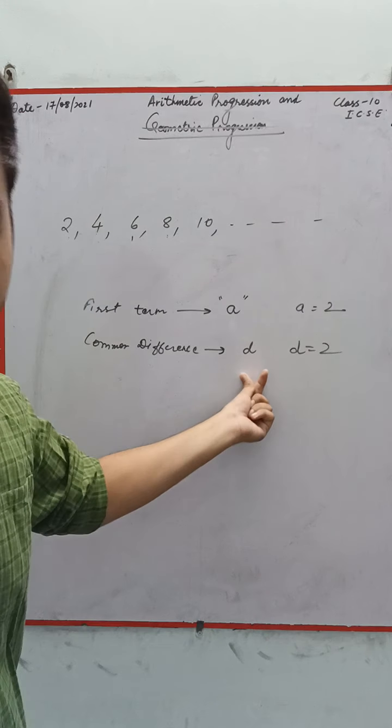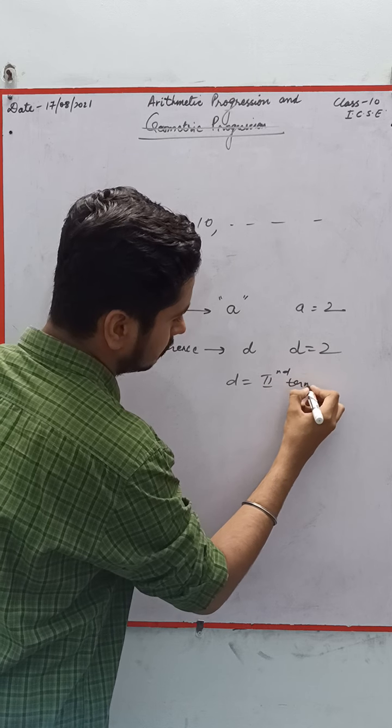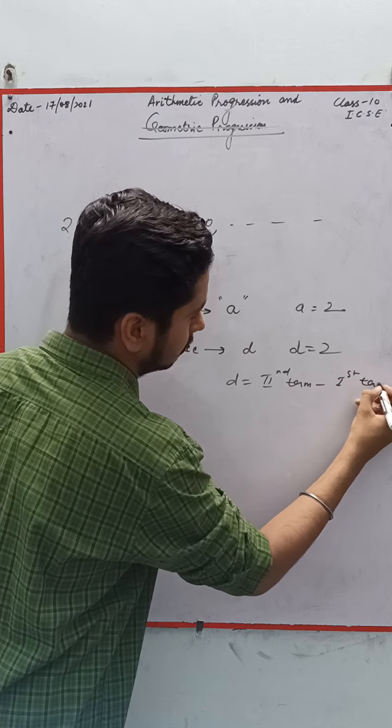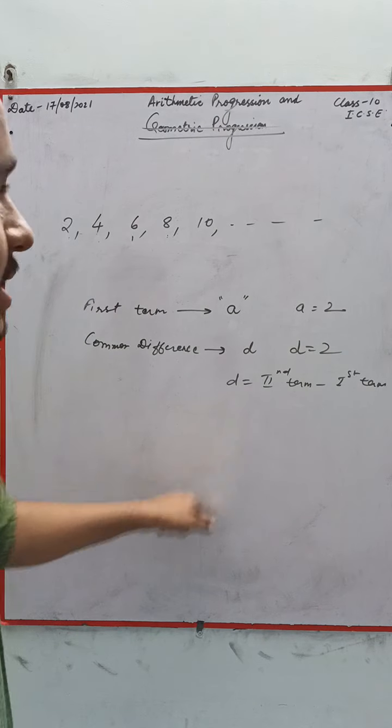How to calculate the common difference? A very easy formula: second term minus first term will give you the common difference.